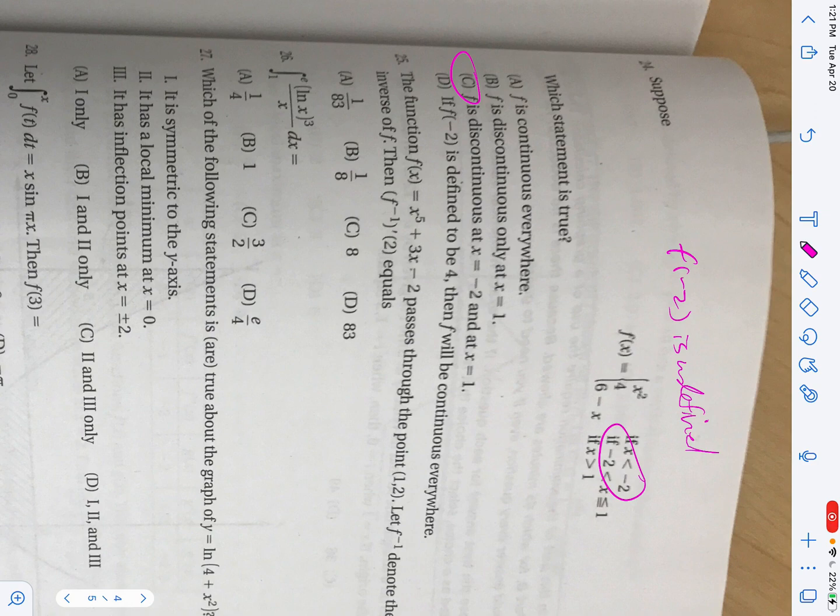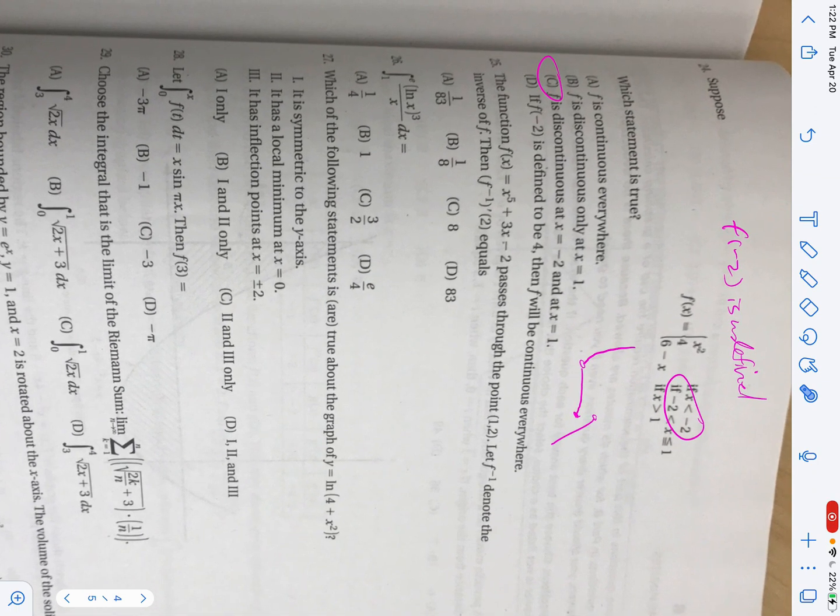If we were to graph this, we have a portion of a parabola, a hole, and then it's equal to 4. And then there's this jump to a line. So there's a discontinuity here because of the jump. Here it's simply because it's undefined. I don't think you would have something like that on the AP because this really does feel like a trick.